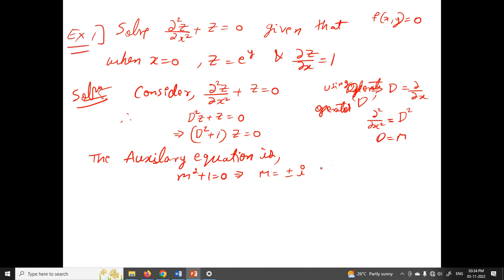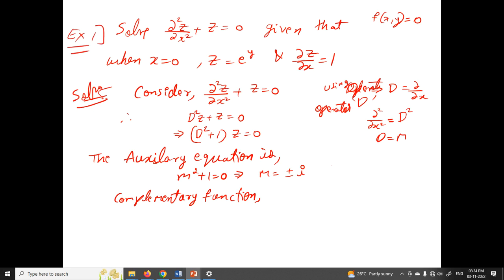Next, please remember, we also have to find the complementary function. So here, what should I take for the complementary function?